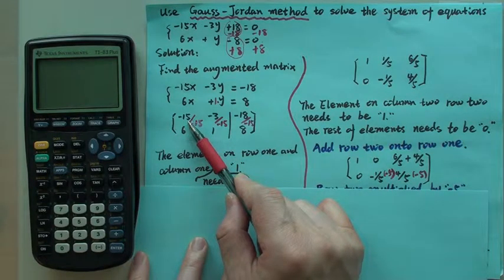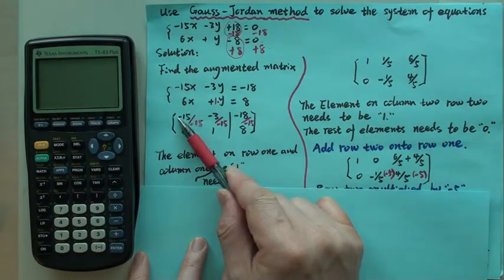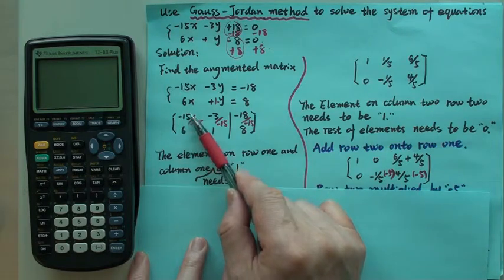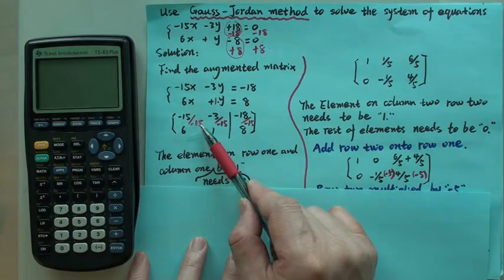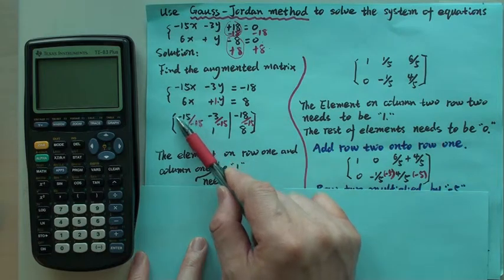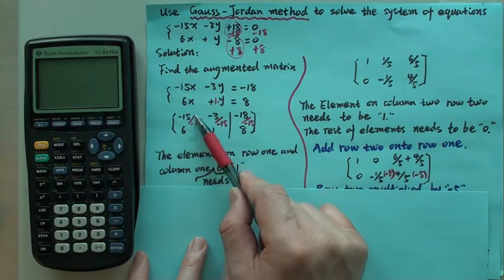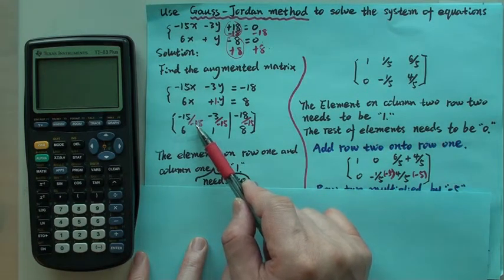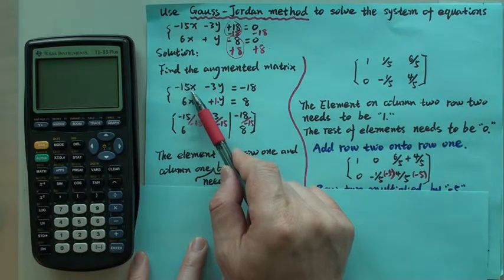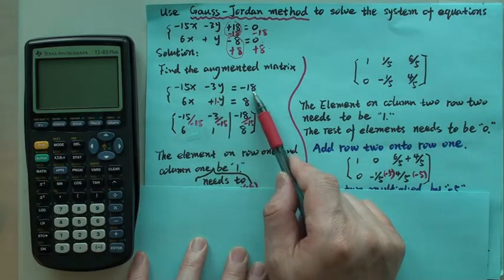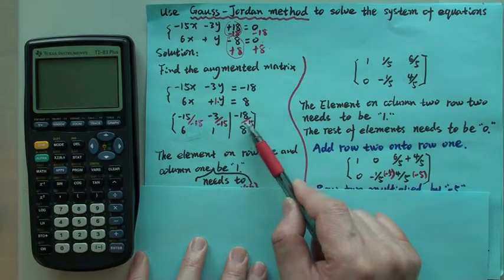How to make it? Divide by the same number. Here it is negative 15, so we divide by negative 15, and then the element here will be 1. If you divide the equation by negative 15, everything has to be divided by negative 15.